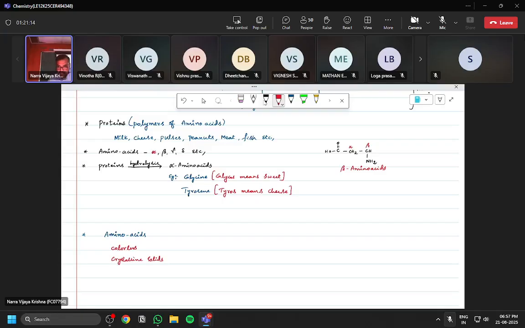Crystalline solids means they behave like salts, correct or not? Behaving like salts means they are soluble in water. So all amino acids are water soluble.